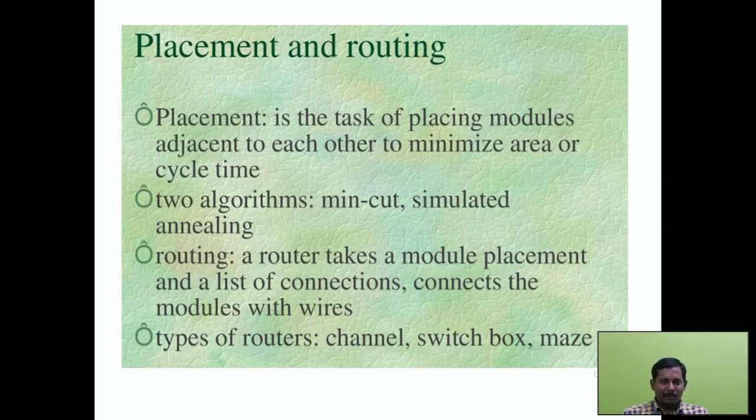In that connectivity, we need to find the shortest path. Why do we need to find the shortest path? We need to connect all the devices in all the rooms. During routing, we need to find the shortest path.